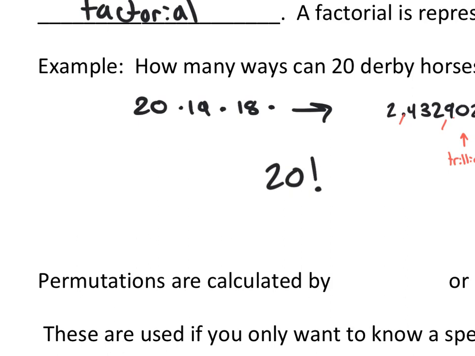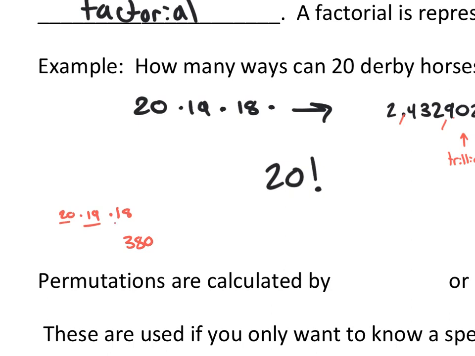Even if you just wanted to do the first 2 spots, the first 2 spots would be 20 times 19. So if you're just trying to guess the first and second spots only, there's 380 ways just for first and second place.